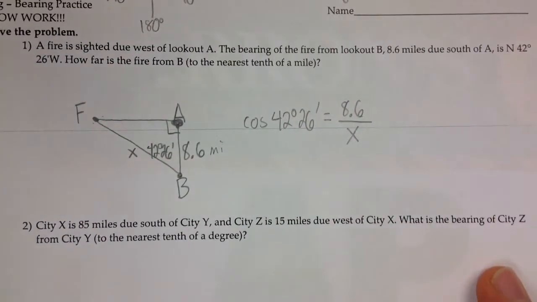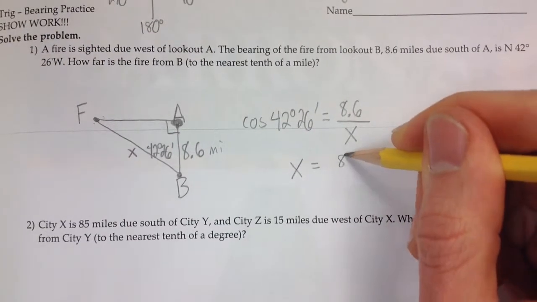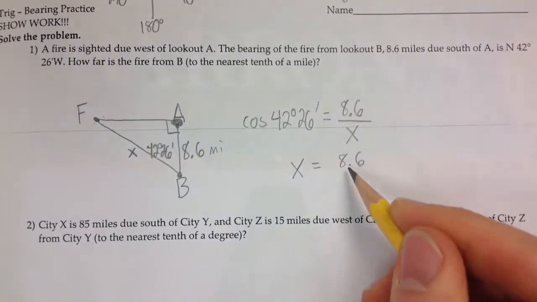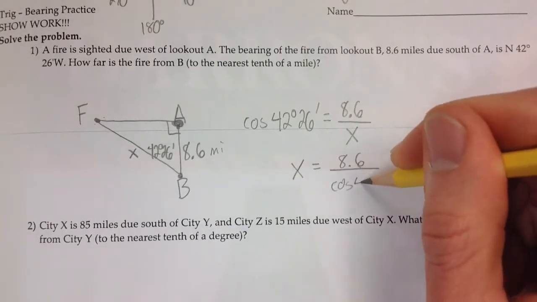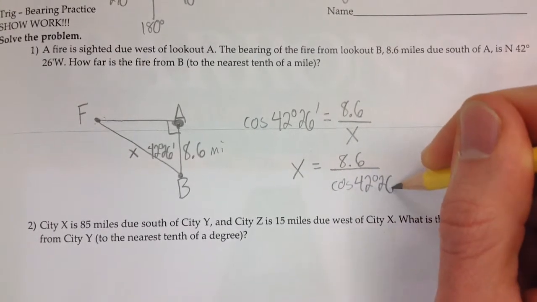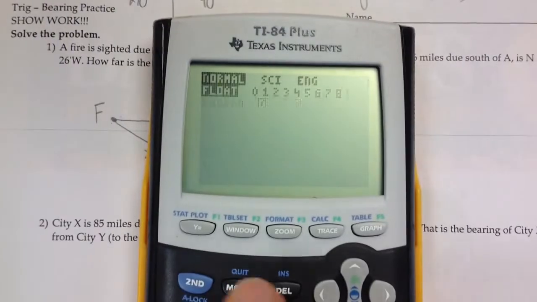So we've done many problems like this. I think that you're fluent at this stage in solving these. So when you do the algebra, you find that the x and the cosine just swap positions. And let's get a calculator. I should be in degree mode.